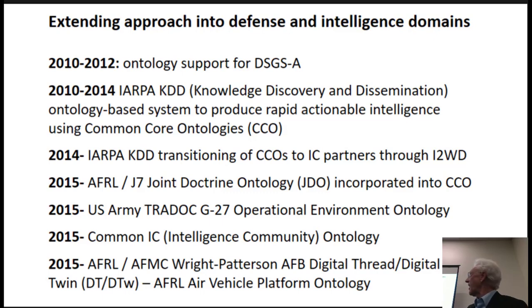This is a list of the work which is going on in various military circles at the moment, the most important of which is the AFRL. We have the digital thread, digital twin work on an AFRL and ontology project. We also have AFRL work within the IOF on materials ontology, and I'll talk a little bit more about that later because I see there are people in the room already interested in that topic.